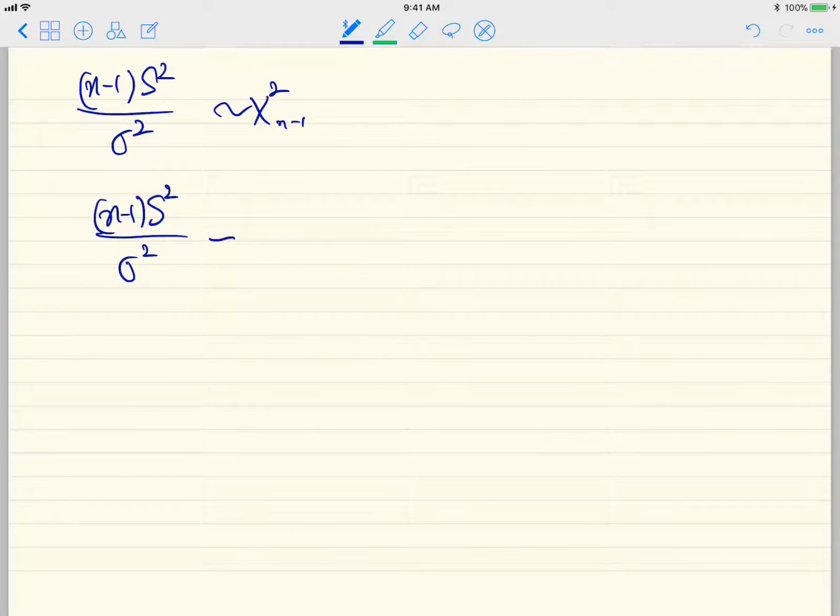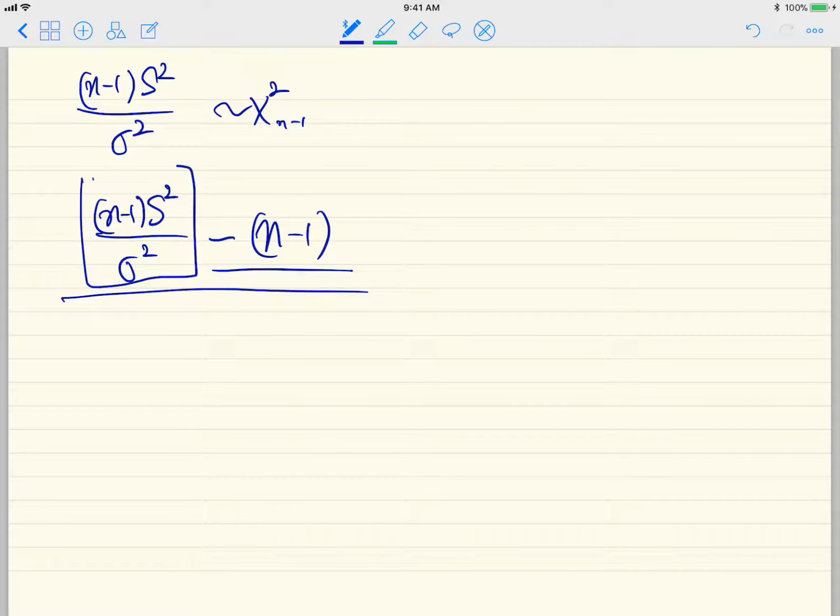So in this case, what was the mean value? What was the mean value? In this case, n minus 1, right? And so we subtract the mean, and then let's call the variance of this guy maybe k.